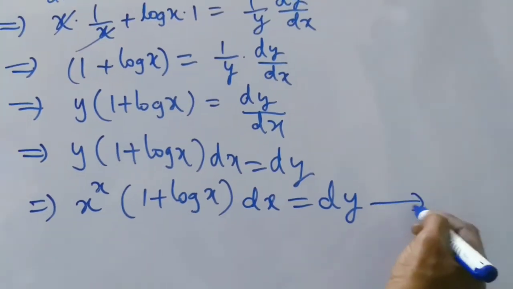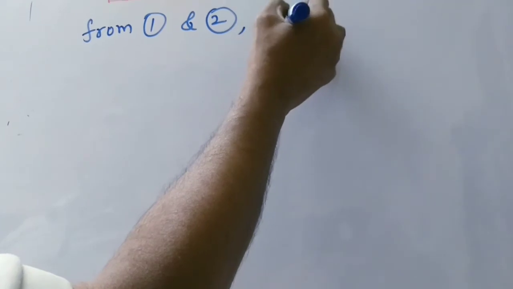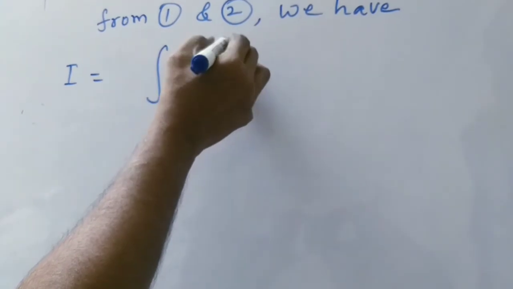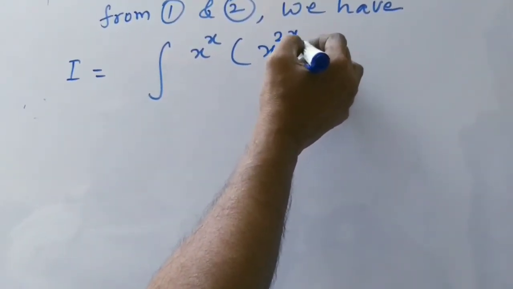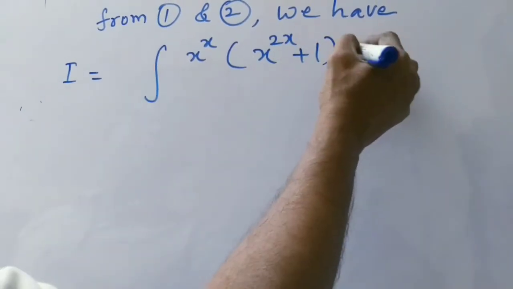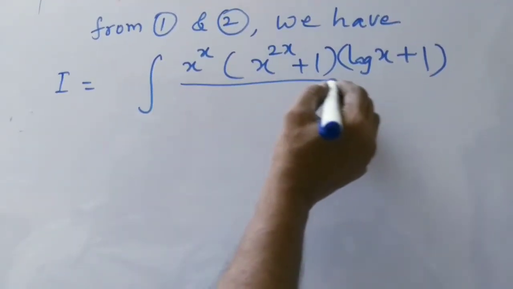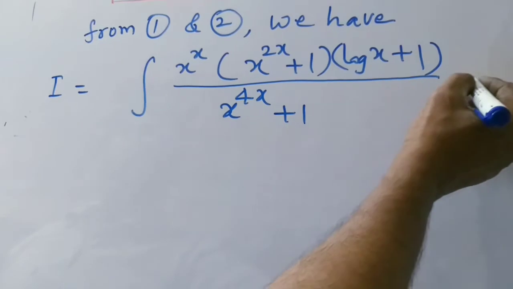It indicates the second one. From 1 and 2, we have I is equal to integral of x to the power of x into x to the power of 2x plus 1 into log x plus 1 whole divided by x to the power of 4x plus 1 dx.